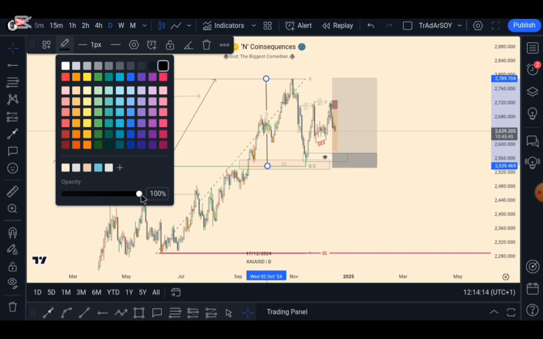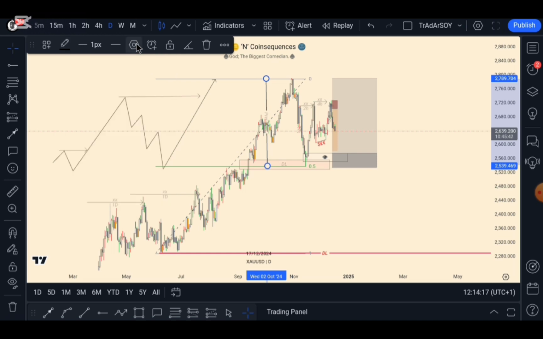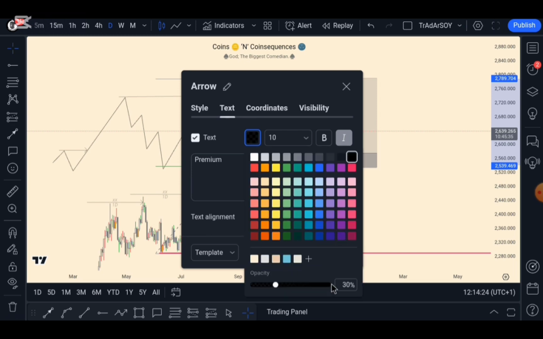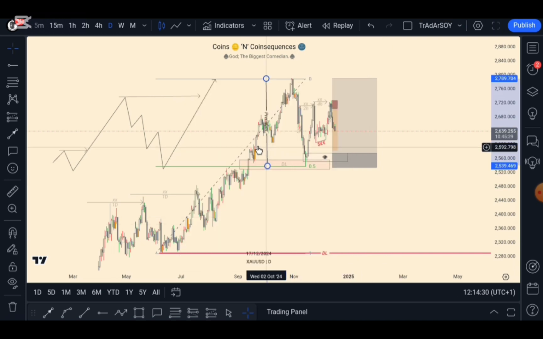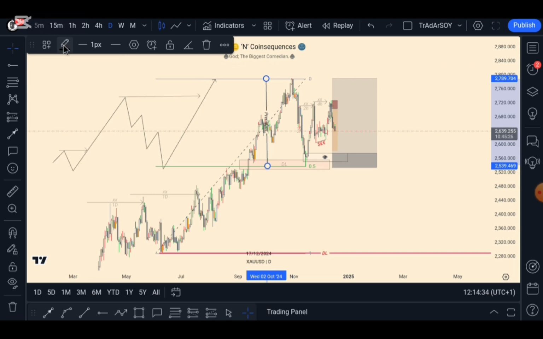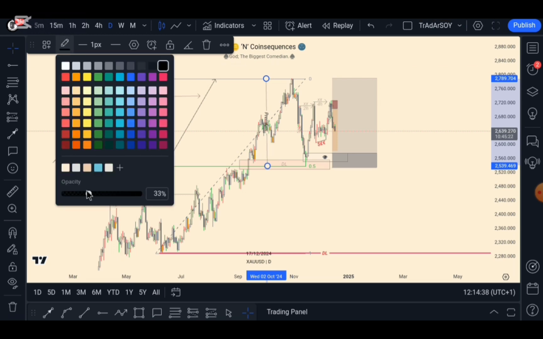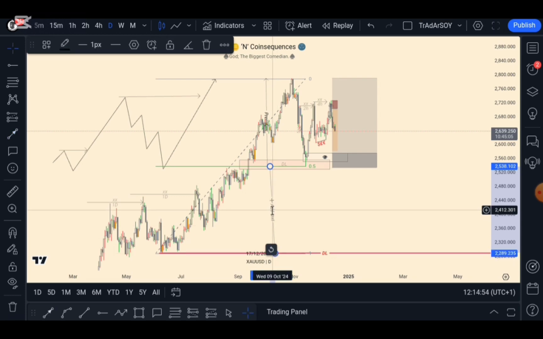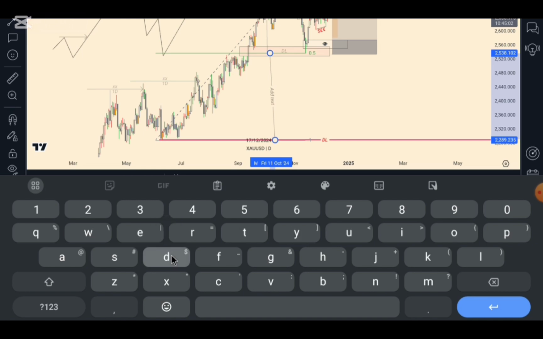Okay, that's not what I want to do. Now this is what I want to do. So that's the premium zone, while from here to here is the discount zone.